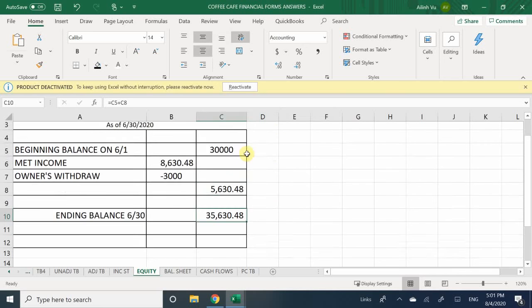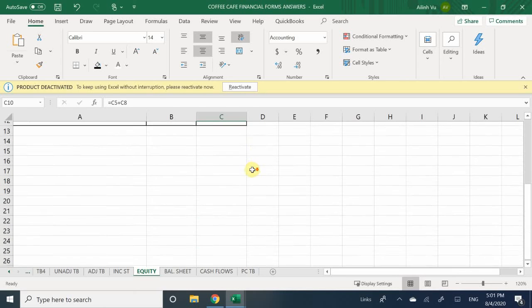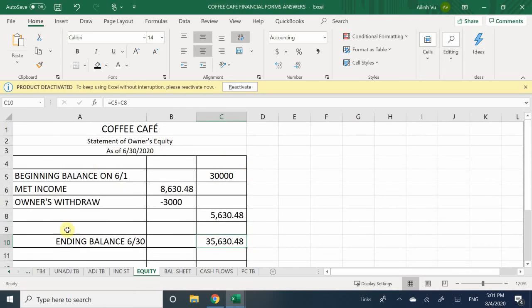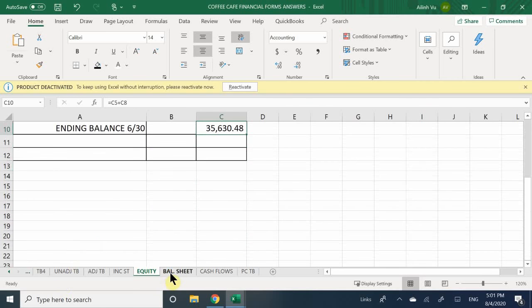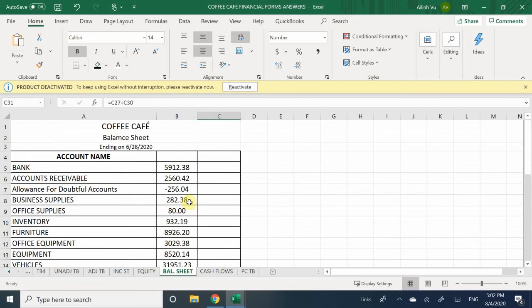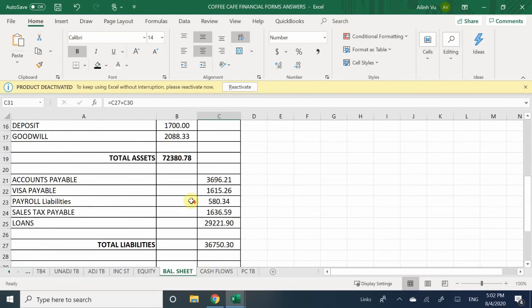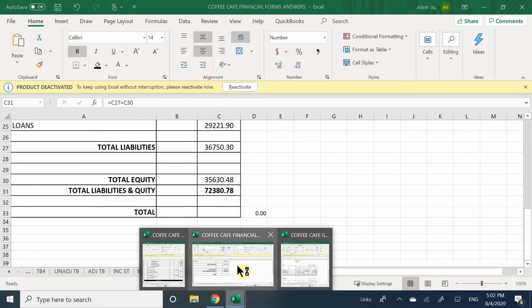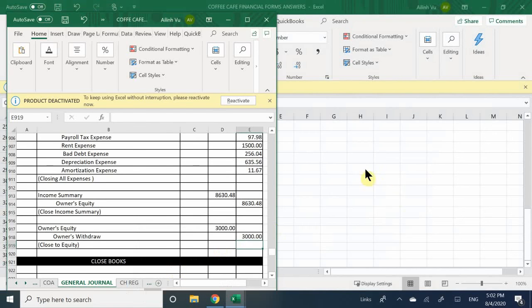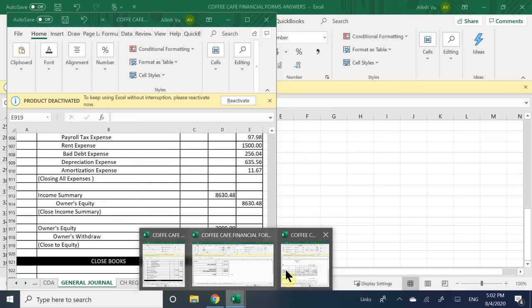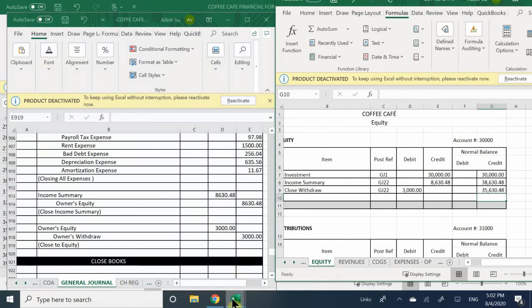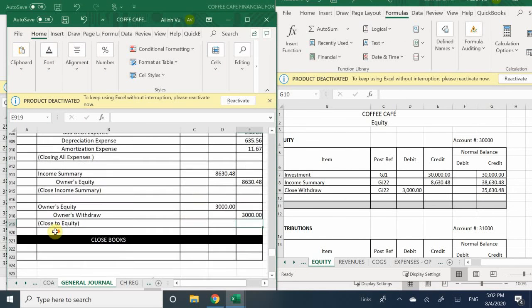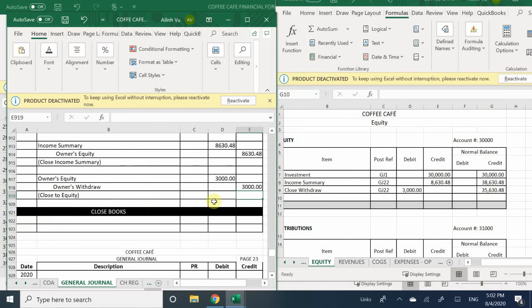So therefore, we completed our income statement, we completed our equity statement, as well as our balance sheet, and all are intact and 100% accurate. All right, and then lastly but not least, now that we did our closing books, I've already done this ahead of time. I put a black band here just to indicate that this is done.